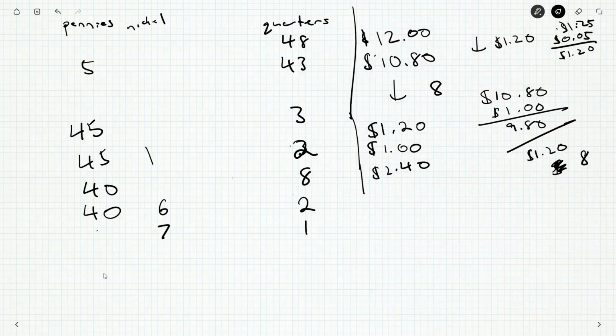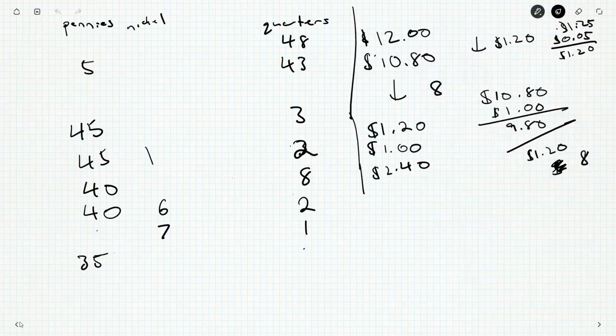Could we go back to 35 pennies and having only a few quarters? Yeah, there's no reason not to. So 35 pennies and hold on, I'm starting to lose organization, and that is a terrible thing to do with a question like this, because then you end up missing things that you could count or counting things extra.